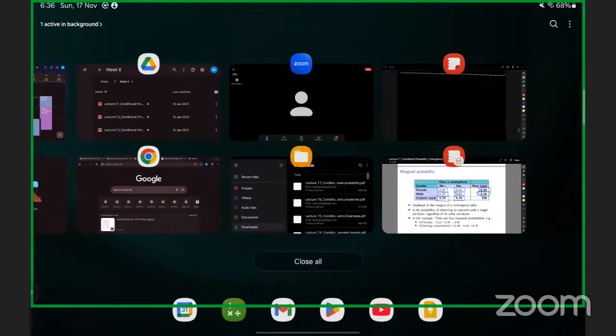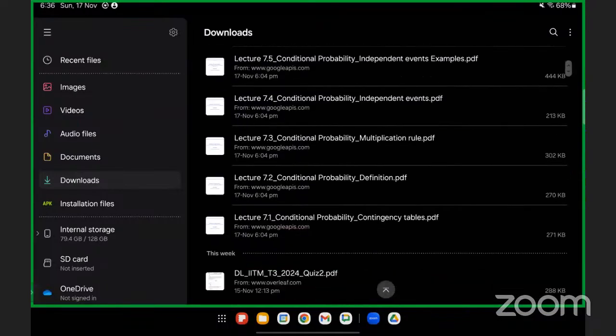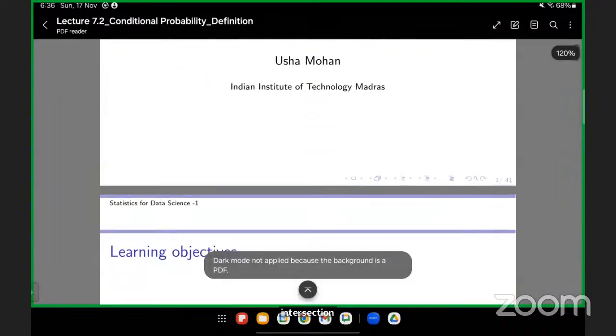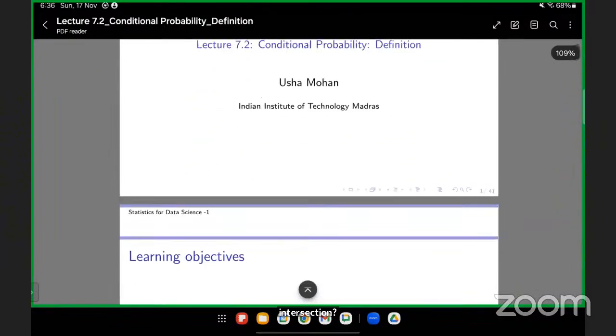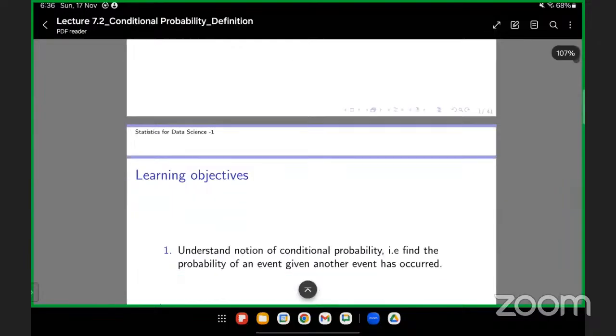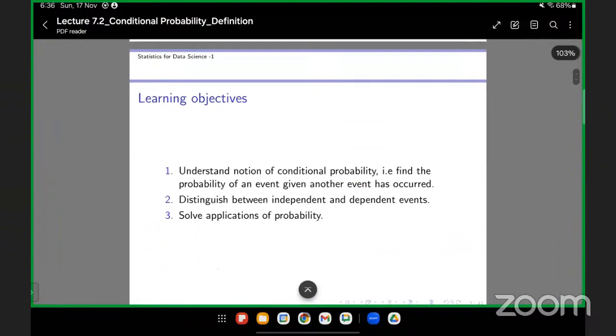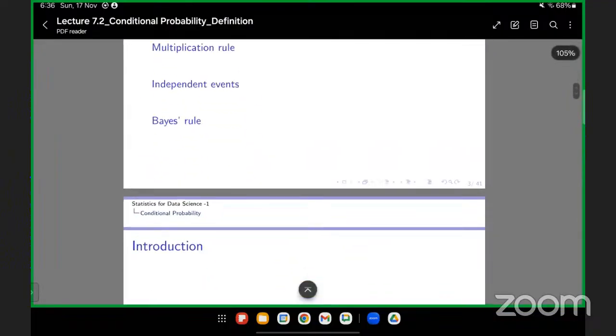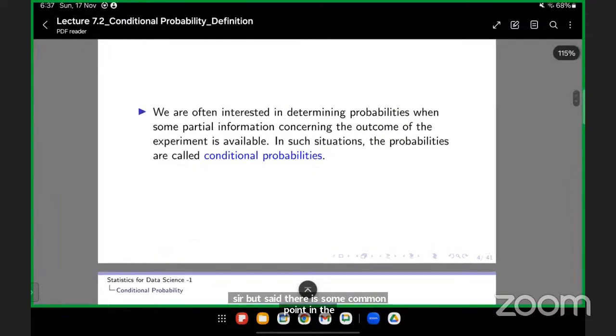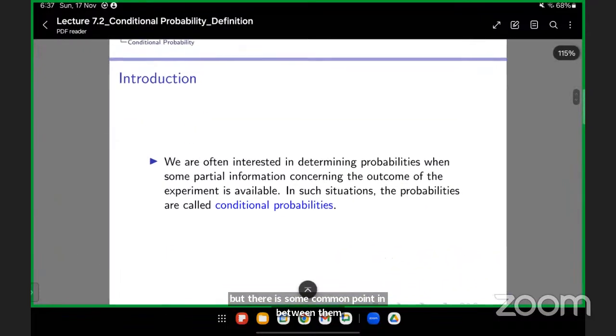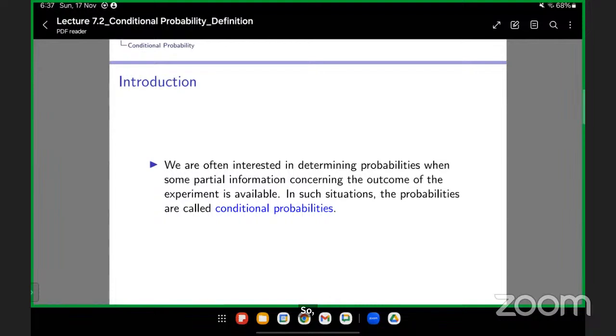Sir, how is it possible that the probability of A intersection B equals the probability of A times the probability of B? There is some common point between them, so if we multiply both of them, then the common part will be multiplied 2 times.